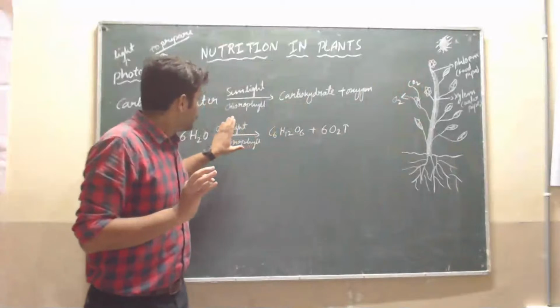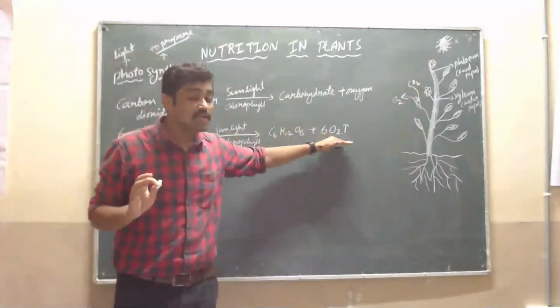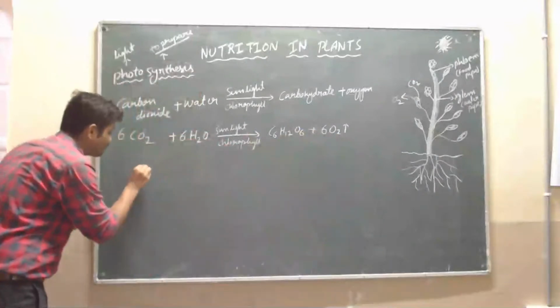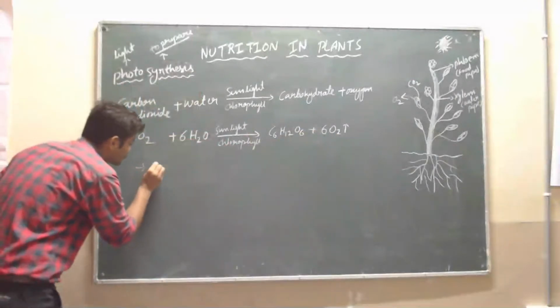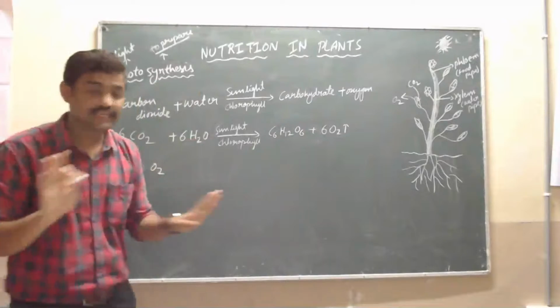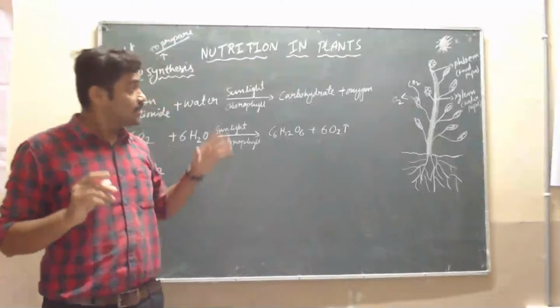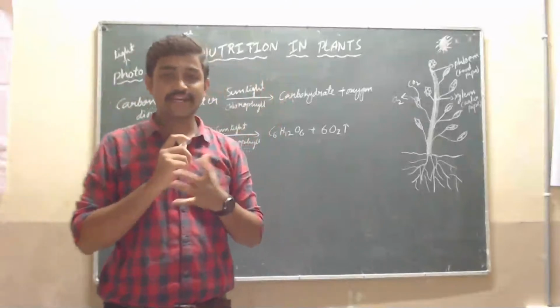Then without sunlight, we will also not get oxygen. Why? Through plants only we are getting oxygen.